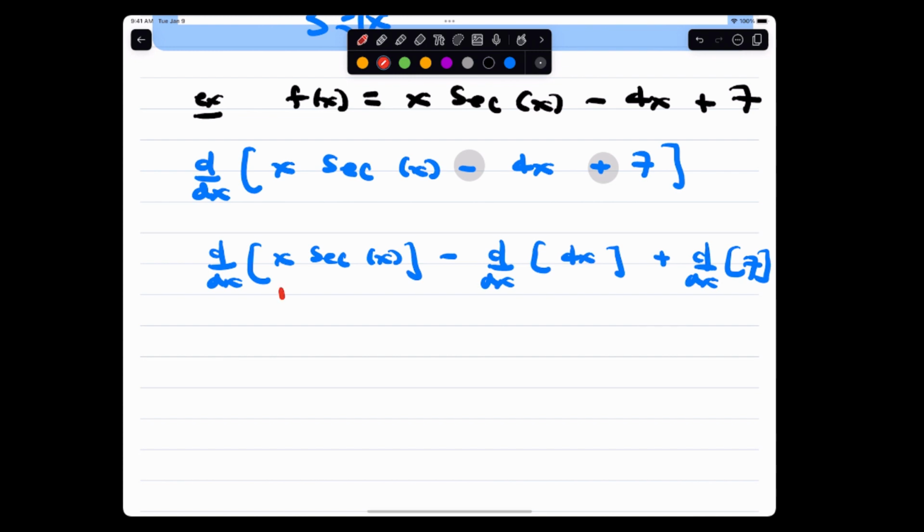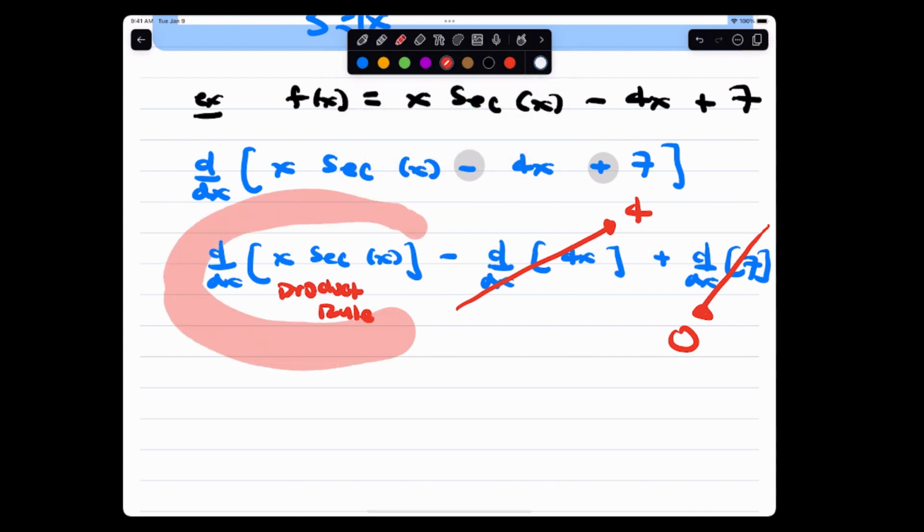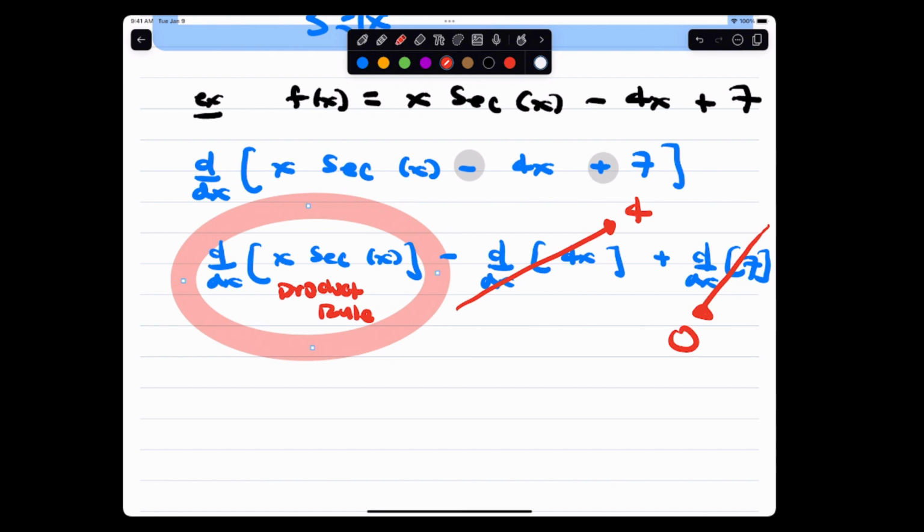So right in here we have to use what? Product rule. I can differentiate 4x. What's that derivative? 4. Good. What's a derivative of any constant? Good. So it looks like the real work is going to be right where? Right here. Is that right?